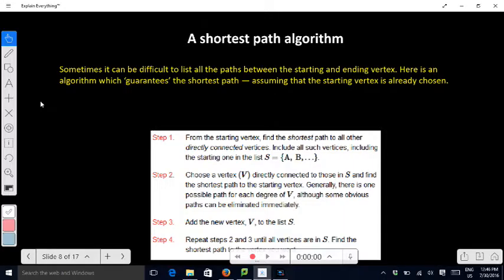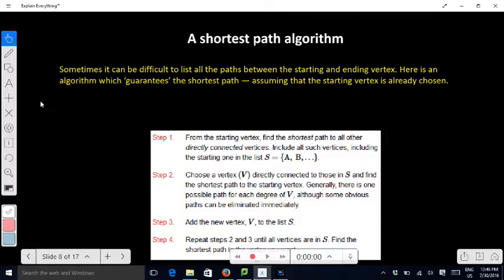Step 1, from the starting vertex, find the shortest path to all other directly connected vertices. So start at A, what's the quickest way to get to the next or the closest part? Step 2, choose a vertex V directly connected to those in S and find the shortest path to the connecting vertex.